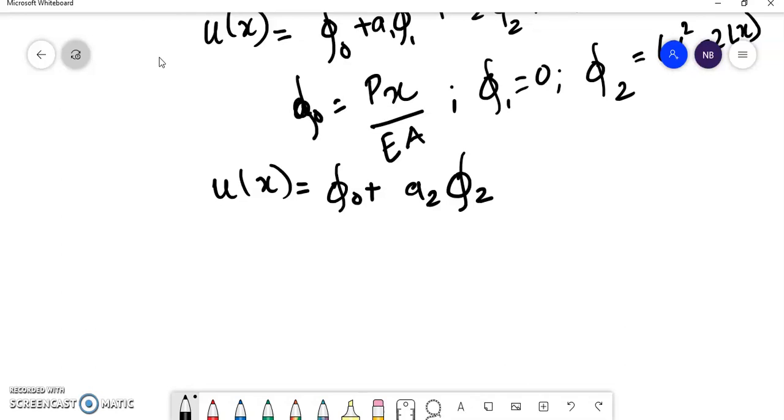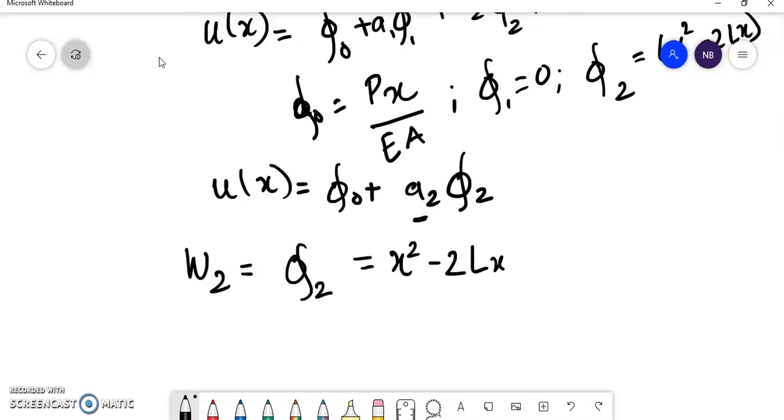Next, we have to use a weight function. Let us take only one weight function in this case and try it out. Let it be W2. W2 will be equal to phi 2, which is x² minus 2Lx.